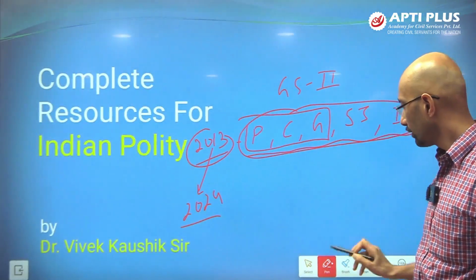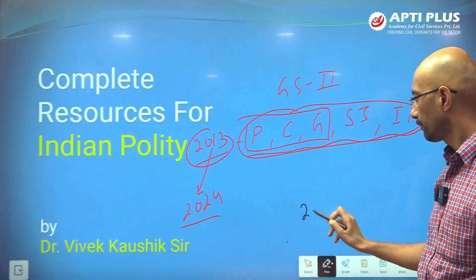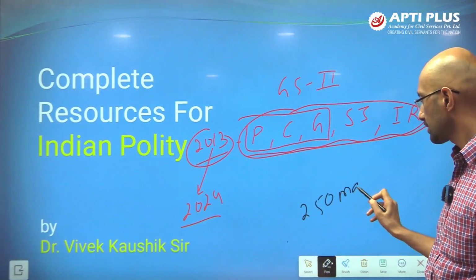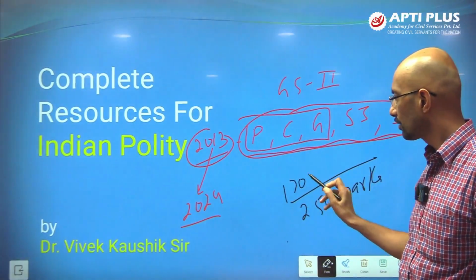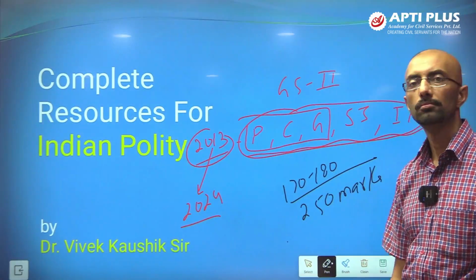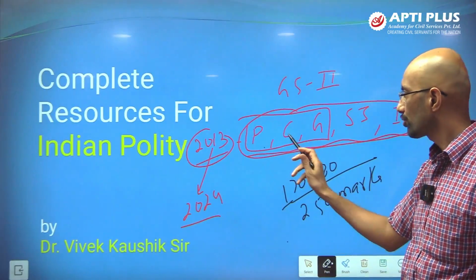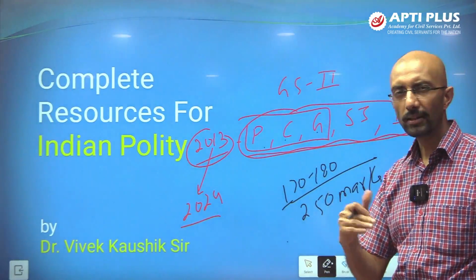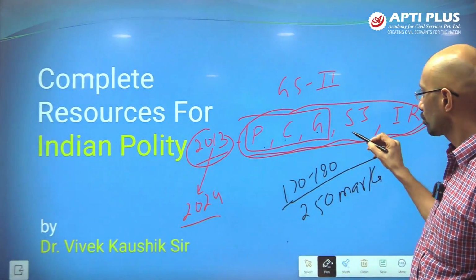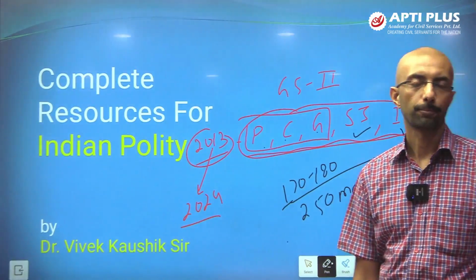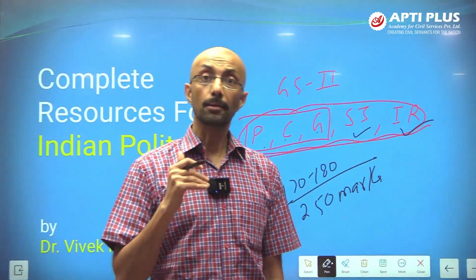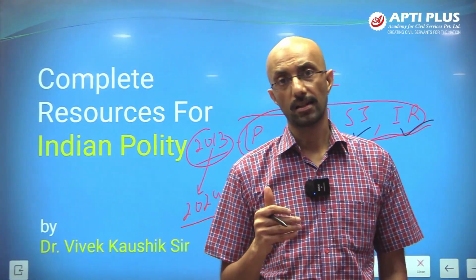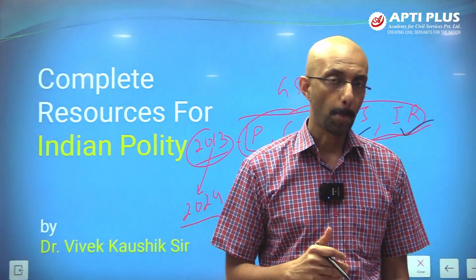Out of total 250 marks, around 170 to 180 marks are from polity, constitution, governance, and the remaining 70-80 marks are from social justice and IR. So you can see that this subject holds immense significance for the main examination.